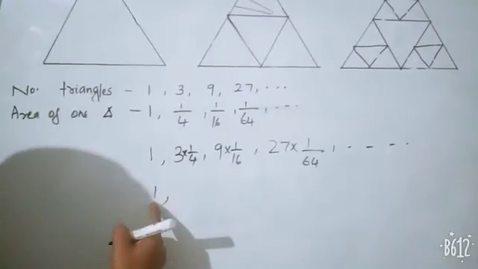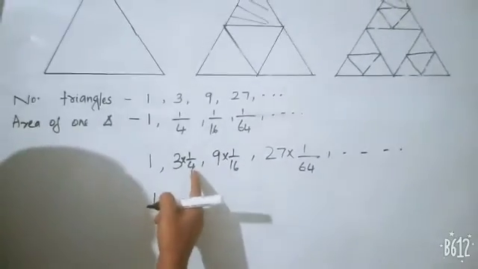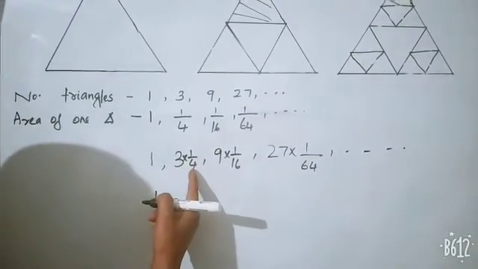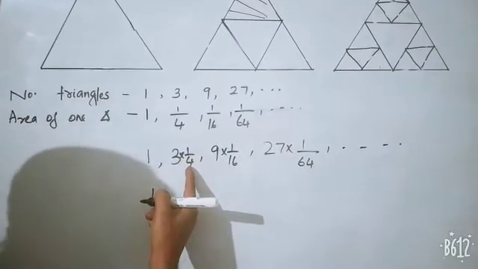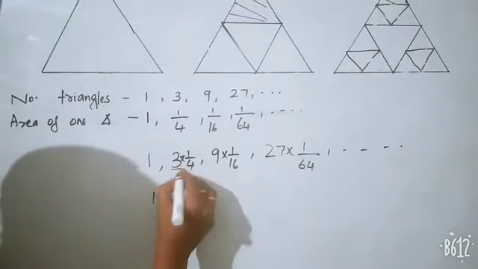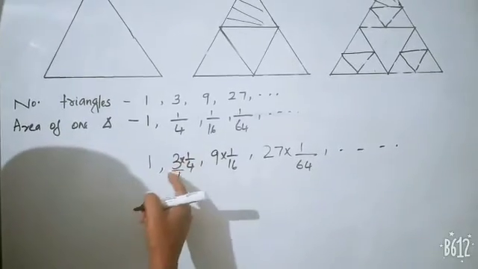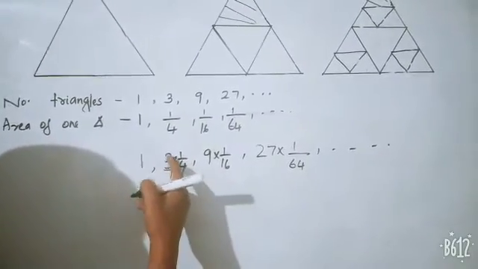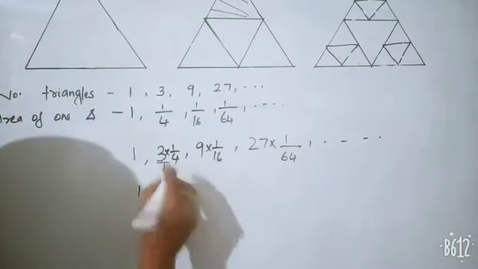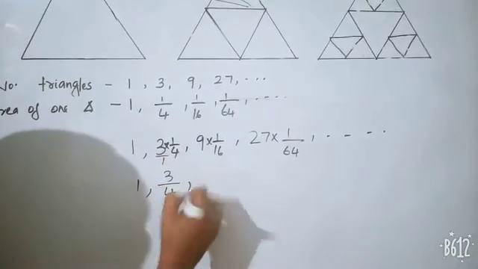So 1, 3 into 1 by 4. This is a whole number and this one is a fraction. You know multiplication. 3 by 1, product of the numerator by product of the denominator. 3 into 1, 3 by 1 into 4, 4.